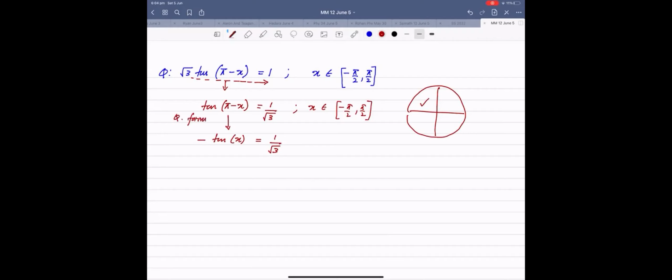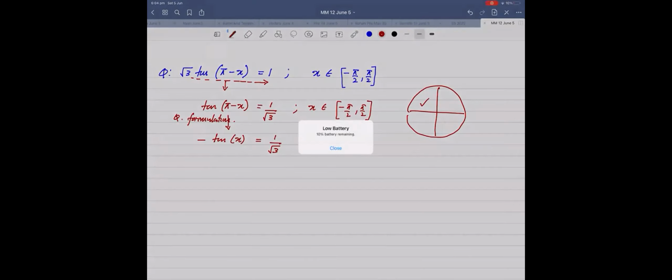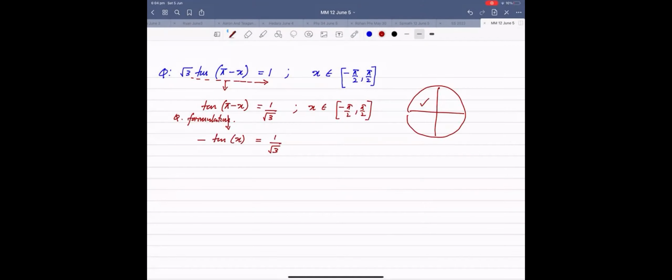Then you can write tan x is equal to minus 1 divided by square root 3.